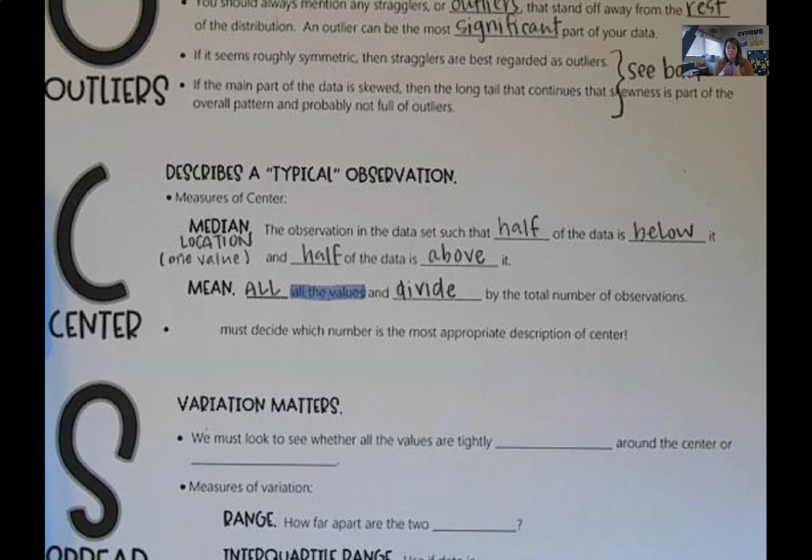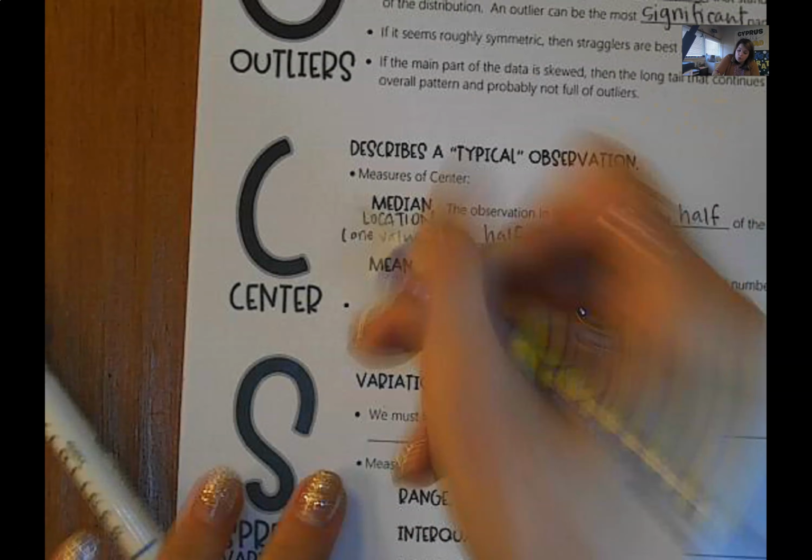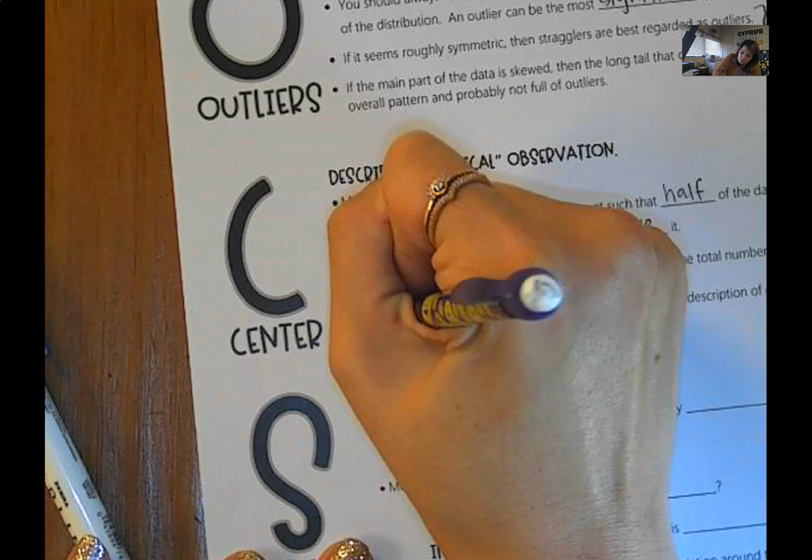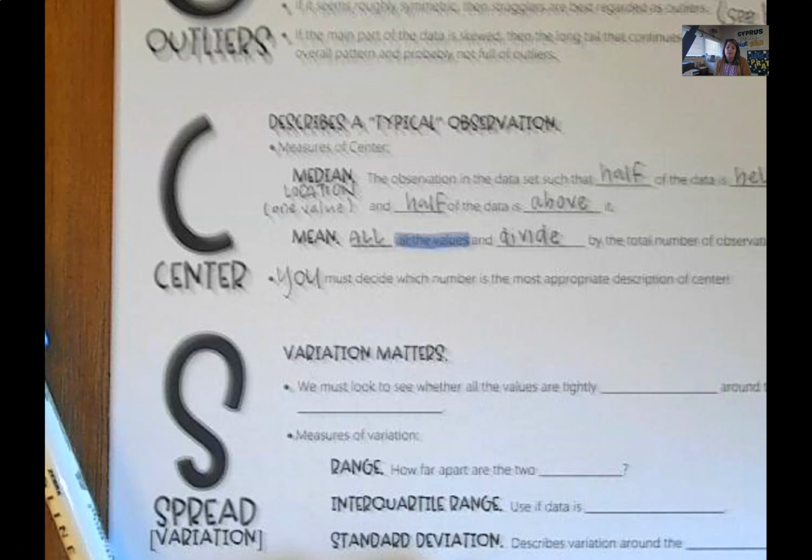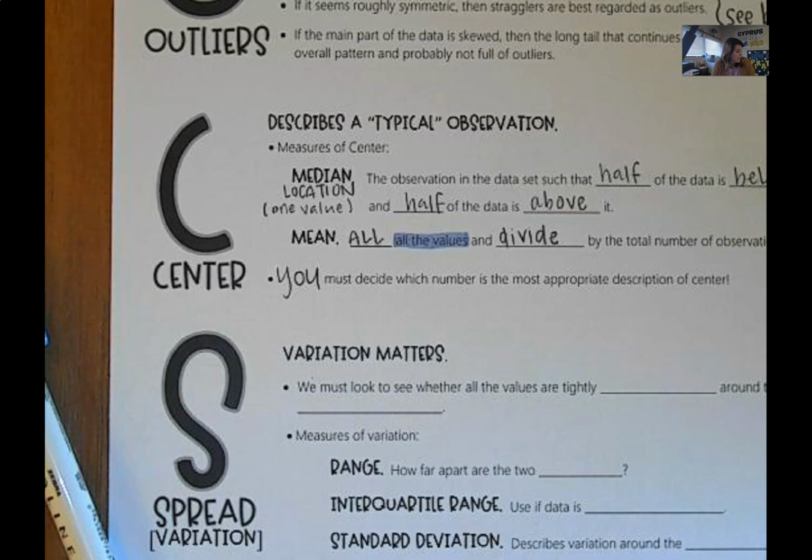So just to recap, median is a measure of center. Mean is also a measure of center. Median is describing one value in the data set, and mean takes into consideration all of the values in the data set. But here's where things get a little bit tricky. You have to decide which one is the best description of center.